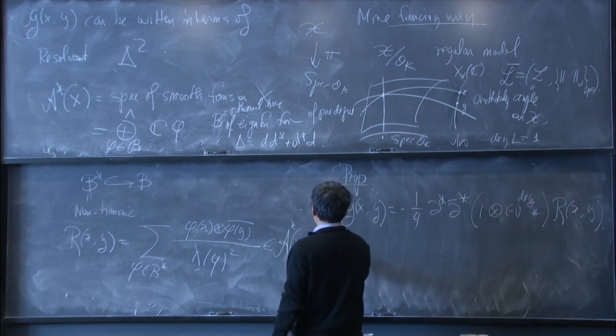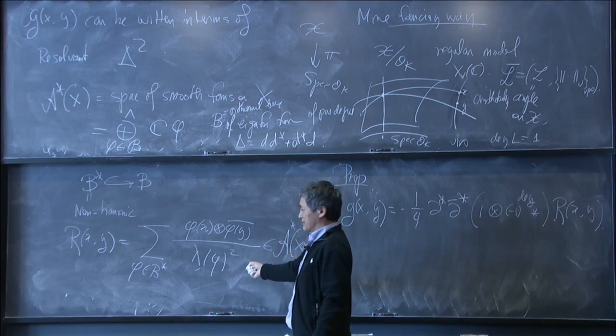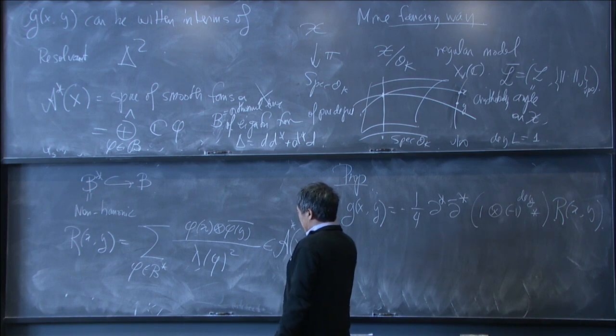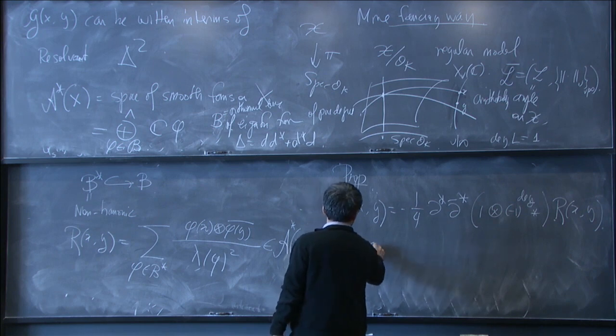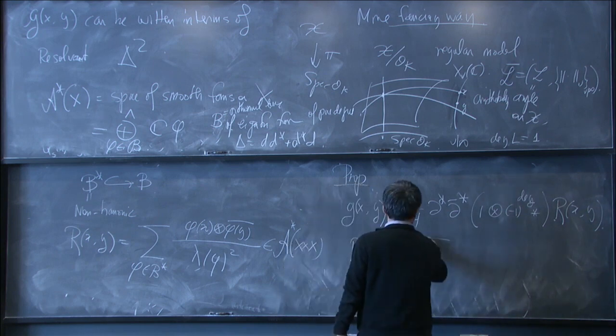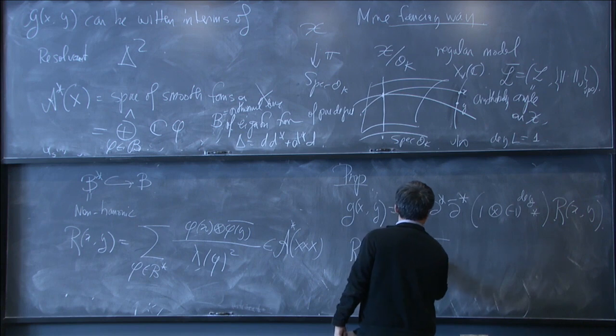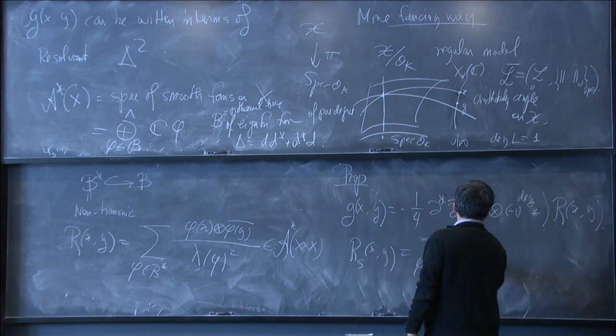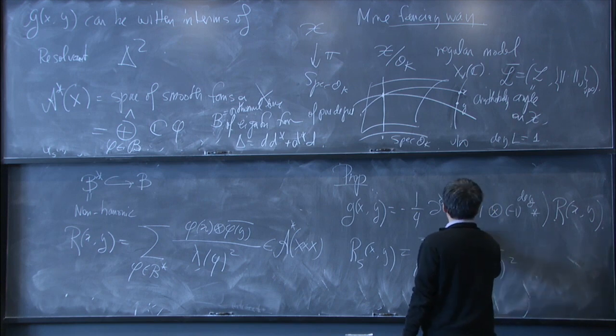Okay, but this one is difficult to compute too. So what can you do? You are probably trying to change it to R_s(x,y) to be the sum over phi in B of phi(x) phi(y) over lambda of phi plus s squared.